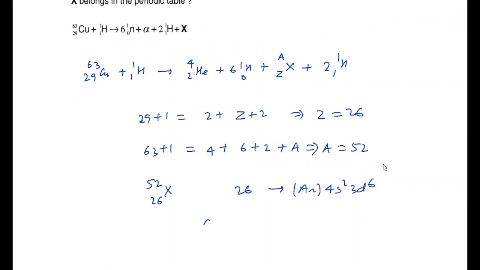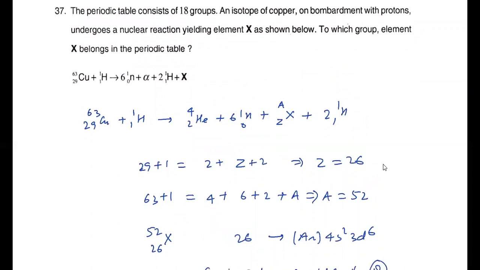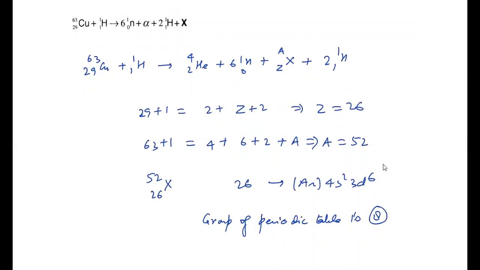So group of periodic table will be 8. Group of periodic table will be 8. Okay. For D block element, group is decided by sum of valence shell s electron and n minus 1 d electrons.